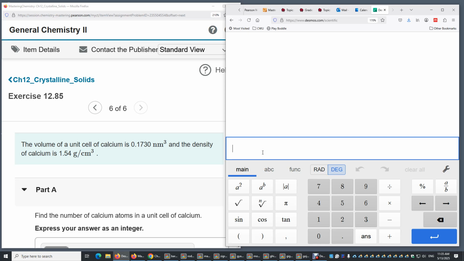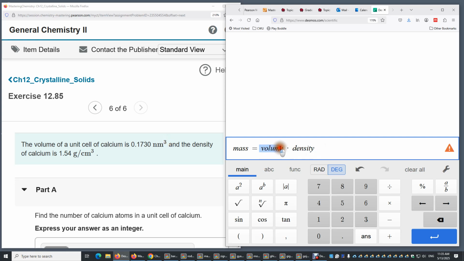So first, mass is equal to volume times density. We'll use this equation to get the mass of the calcium atoms inside one unit cell. And we have the volume here, which is 0.173 nanometer to the power of 3.